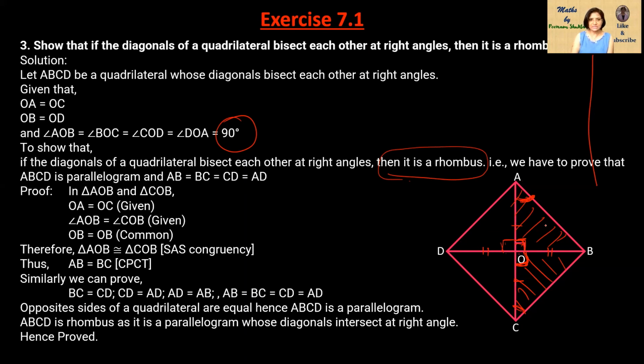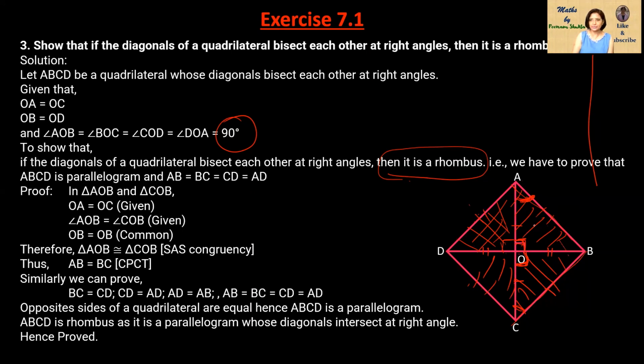Thus, by CPCT, we can write AB equals BC. Similarly, if we take the other two triangles, we can say AD equals DC. So here we can prove opposite sides of the quadrilateral are equal, hence ABCD is a parallelogram. In a parallelogram, opposite sides are equal, so that means all four sides will be equal.